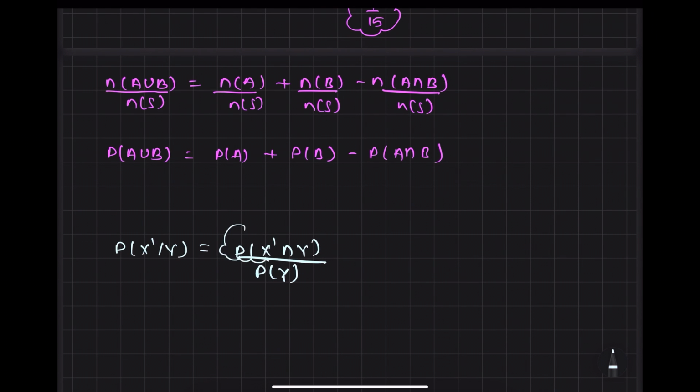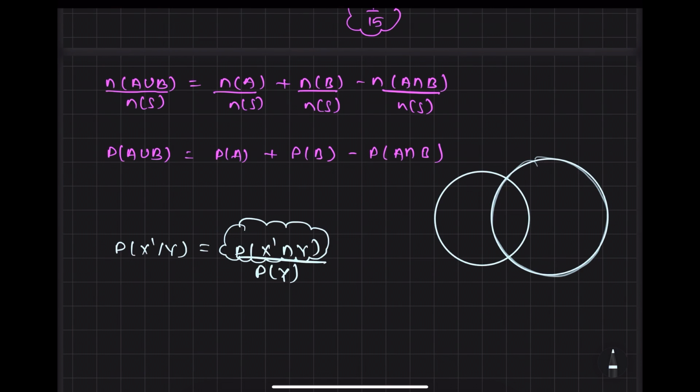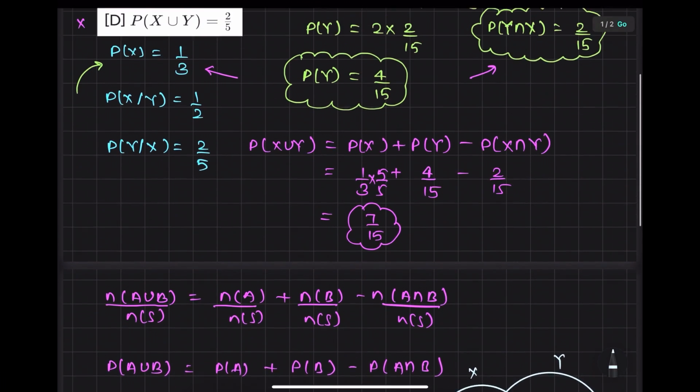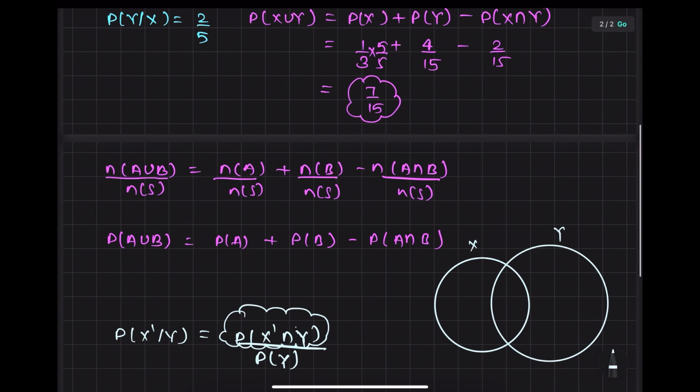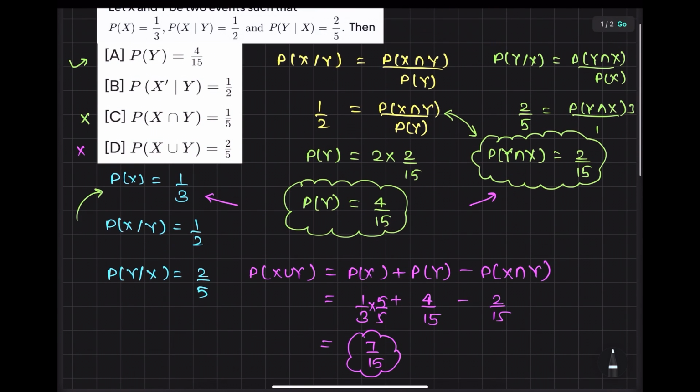Now look at this. If you observe this part, what is this? In a set, if you consider set X and set Y, suppose this is X and this is Y. You know that it is inside Y but outside X, means we have to consider this region. Correct? So let's substitute the values first. Earlier you know that this part is X intersection Y. So who is X intersection Y?